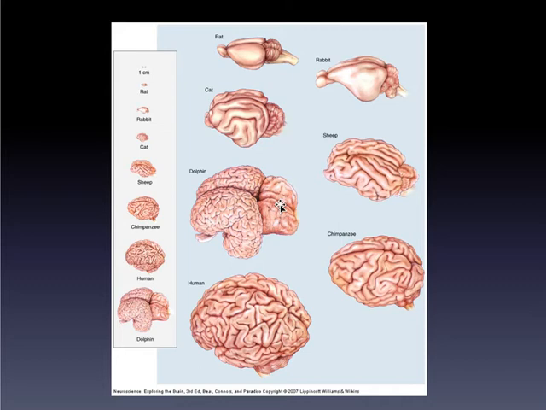Now, again, we're going to be focusing on mammalian brains. If we look at sauropsid brains like reptile and bird brains, we'll see some distinct differences. The most notable difference is in the cortex, the outer part of the cerebrum. In mammals, you have a part of the cerebrum known as the neocortex.